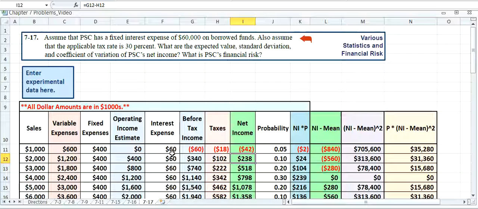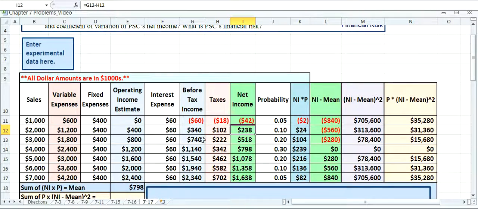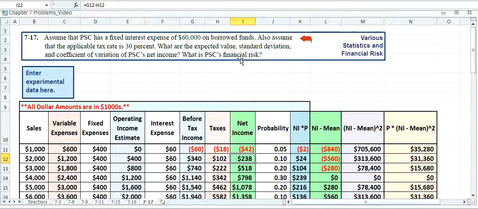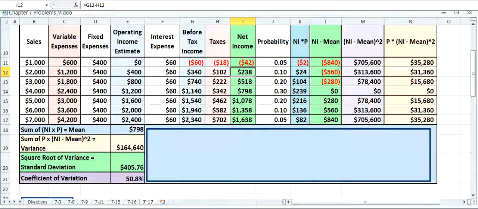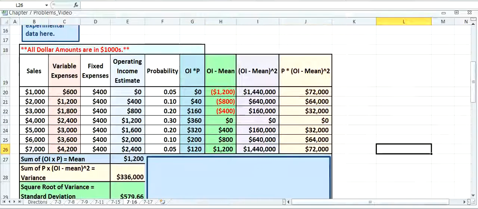Now the thing to understand here is that when we have a fixed expense on a debt, a fixed interest expense, that is what we call financial risk, because we're financing a debt. So this is going to add not to our business risk, but to our financial risk, which is a measure of the coefficient of variation of the net income compared to the coefficient of variation on your operating income.